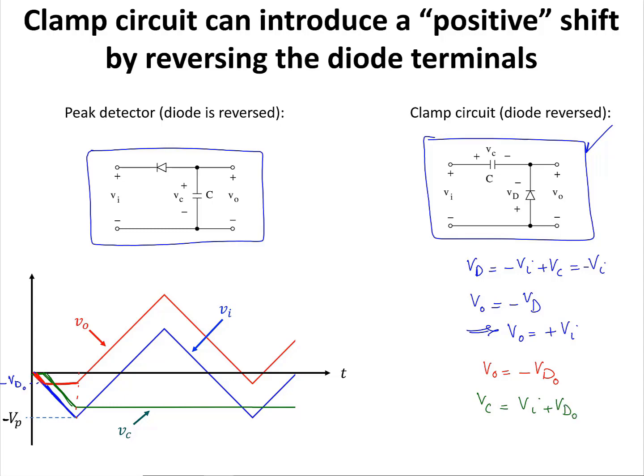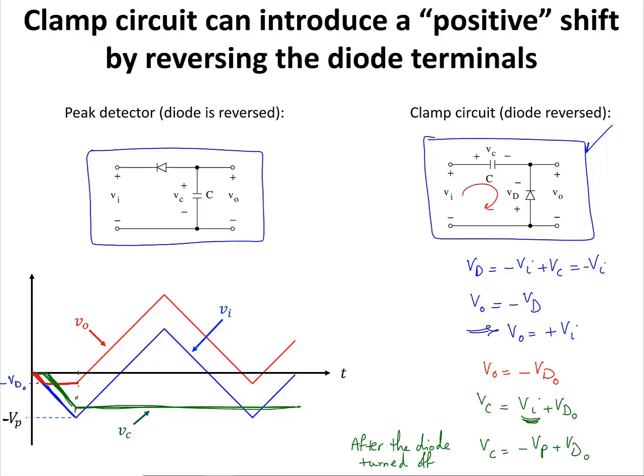So Vi is a negative value and VD0 is a positive number, so this is my VC. After Vi reached its peak value, the diode is going to turn off. After the diode turned off, VC is going to be at a constant value equal to negative V peak plus VD0. So this is the graph for VC.